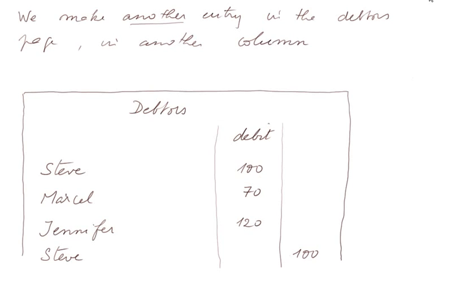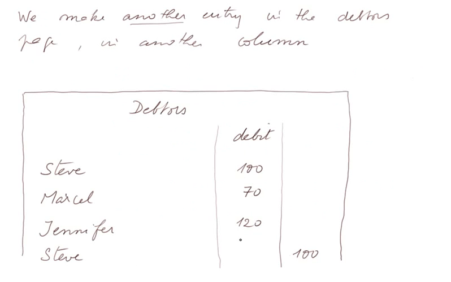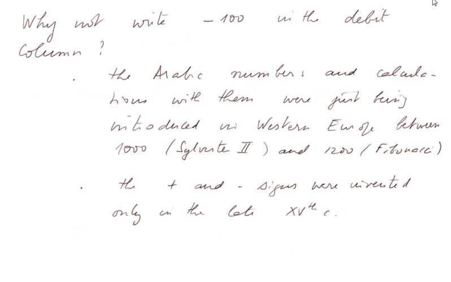So question, why not write minus 100 in the debit column? We could write minus 100 here, after all, it would be the same. Well, the reason is essentially historic. The Arabic numbers and calculations with them were just being introduced in Western Europe between the year 1000 and roughly 1200.